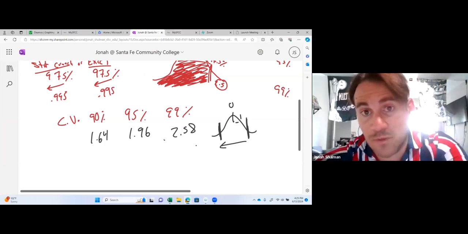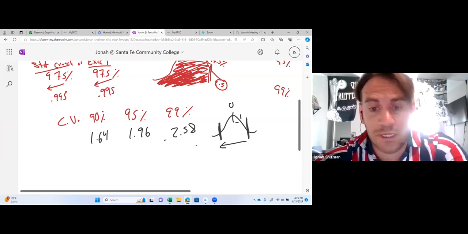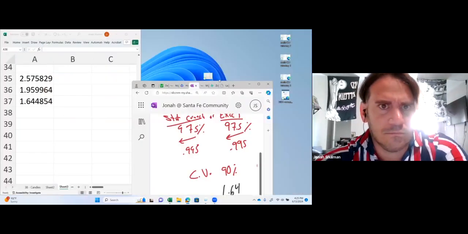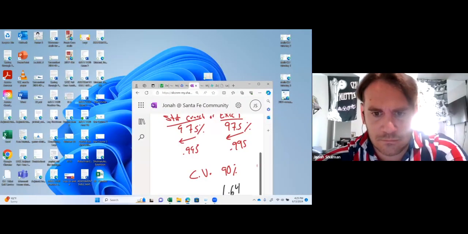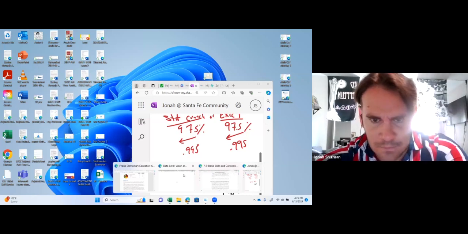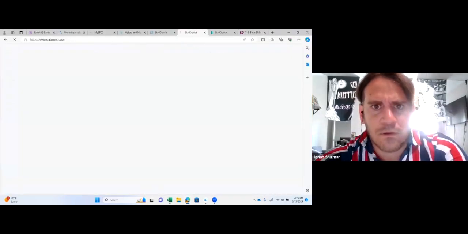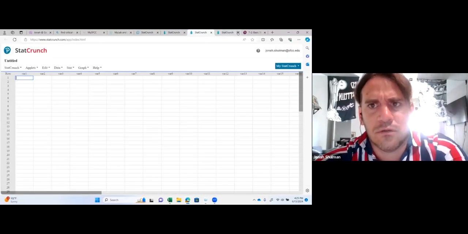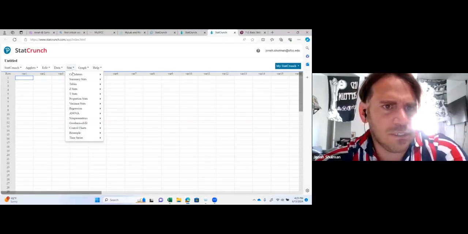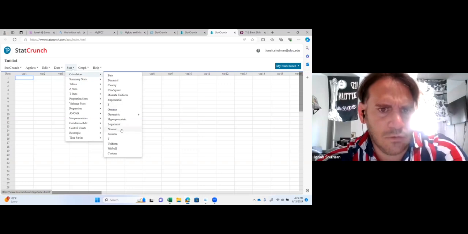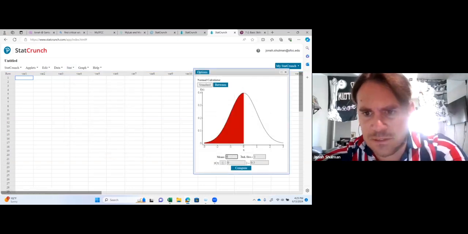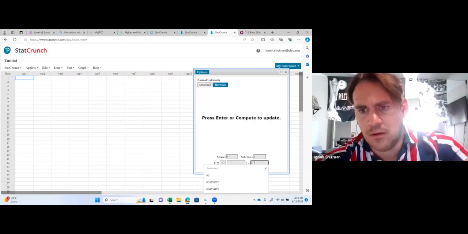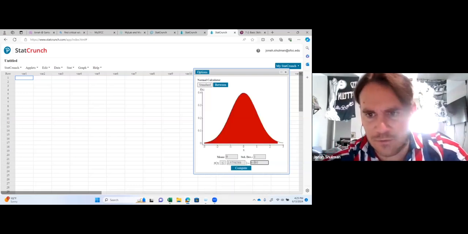Now we're going to do the same thing with StatCrunch. We should get the same three answers. So let's open StatCrunch. You just need to go to Calculators, Normal. The mean is 0, the standard deviation is 1. The first one we're going to do is 0.995.